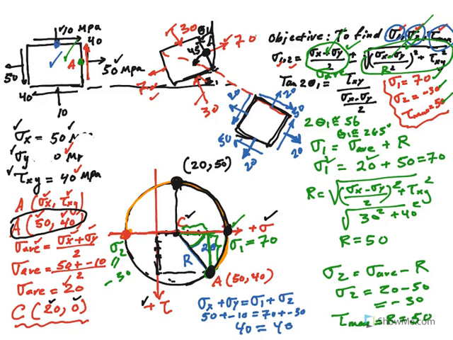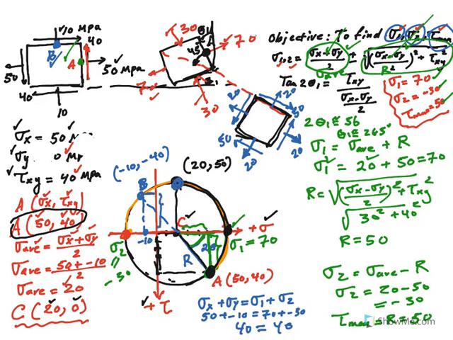Just another point here, guys. Point B right here is on the circle, with the coordinates of, so this is point B. What is the coordinate of this point? The coordinate of this point, as you could see, would be sigma y, which is minus 10, and negative tau xy, 40. And that's pretty much what it should be. That's about minus 10 and this is about 40 here.